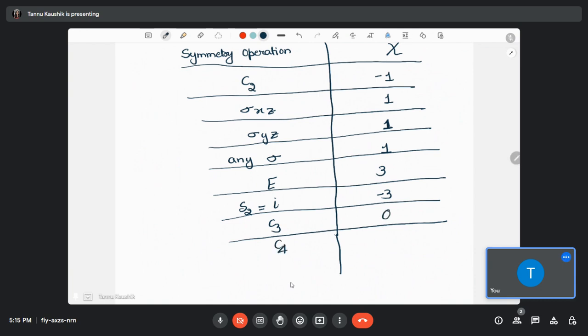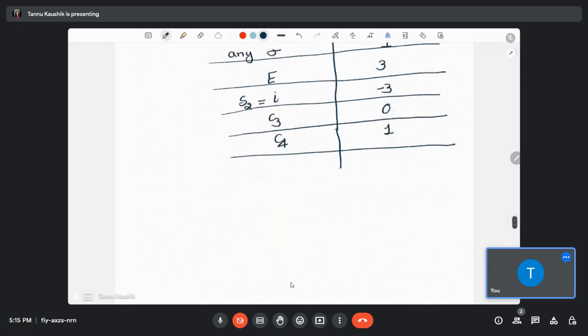So you will get 0 as the character, and for C4 you will get 1. Then for S3 it will be -2. For S4 it will be 1. And you can also find out these characters by writing the matrix of each symmetry element.